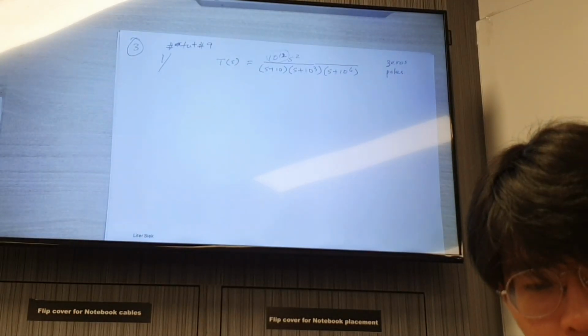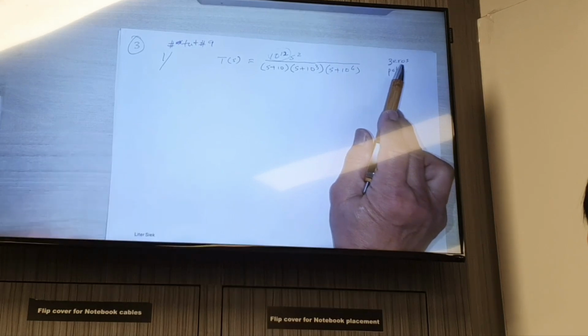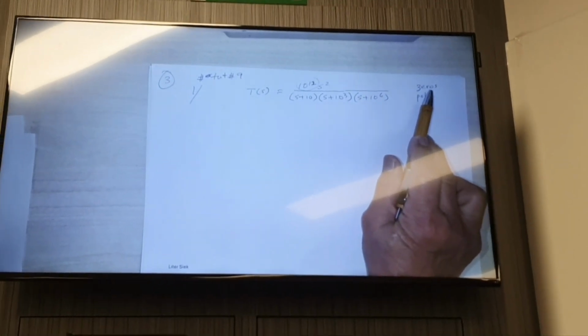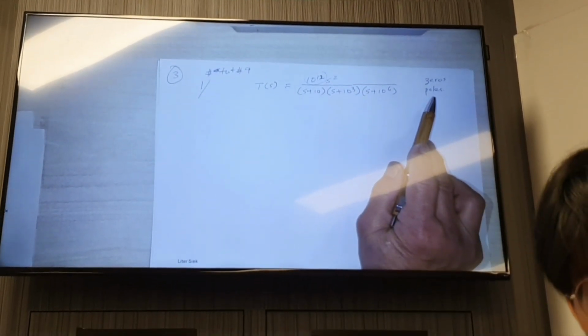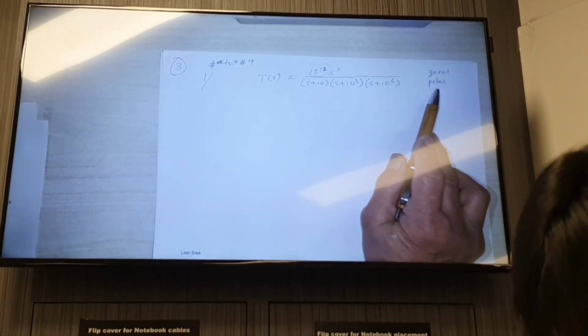Therefore, in frequency, zeros help to increase the gain with frequency, and poles help to decrease the overall gain.